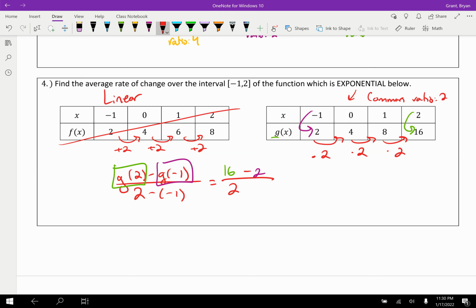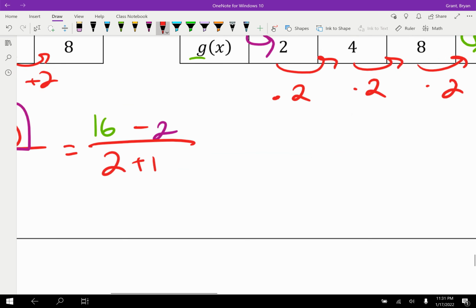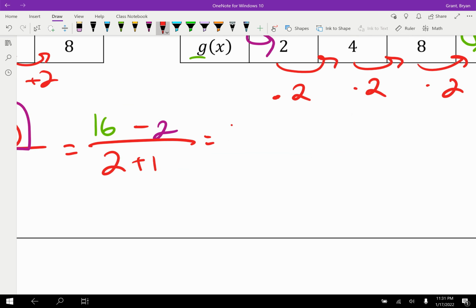Don't forget our double negative in the denominator becomes plus. 16 minus 2 is 14 over 3, and I don't think that reduces any nicer. You could go through and say it's 4.66666, but that's kind of gross because you have an infinite decimal, and so instead I'm just going to keep this nice, friendly fraction.